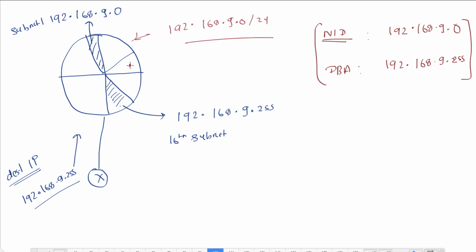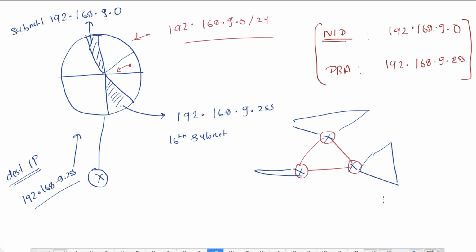Now, suppose some packet is coming from one of the networks with this destination IP address, from inside. Let's suppose these are the routers for every subnet. Let's suppose this is subnet 1, this is subnet 2, and this is subnet 3. Let's suppose there are three subnets and these are the routers or gateways for these three subnets. And now let's suppose this is the last subnet, which has the directed broadcast address 192.168.9.255.